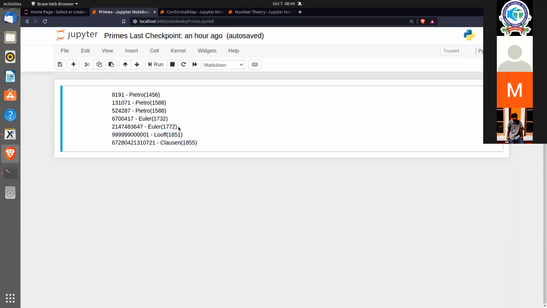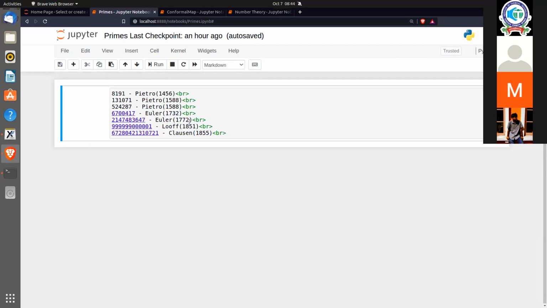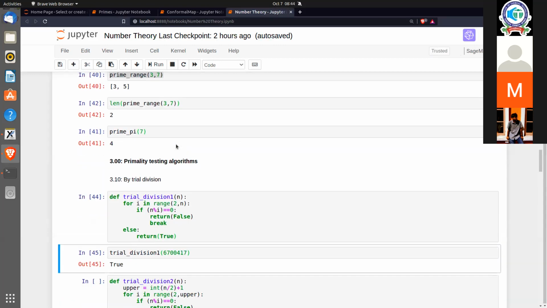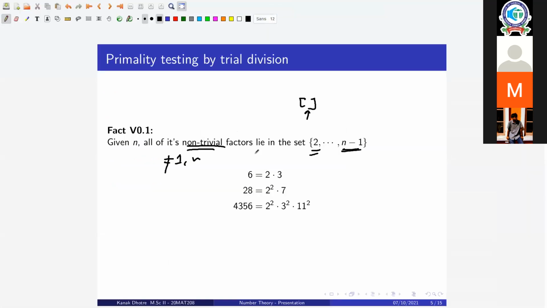But if I go to the next largest prime, it was discovered in 1772. This function here falls short. I've tried it before, and the kernel dies because it has too many divisions to compute. So now, can anyone think of some optimization here to reduce the time complexity of our function?